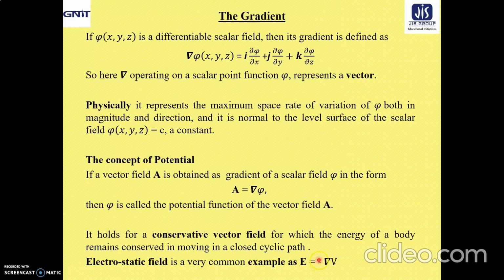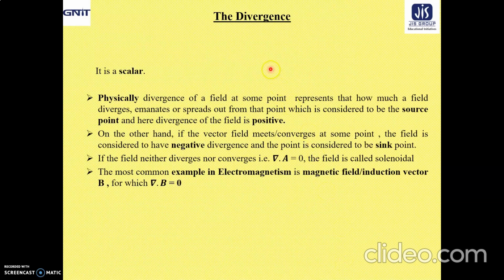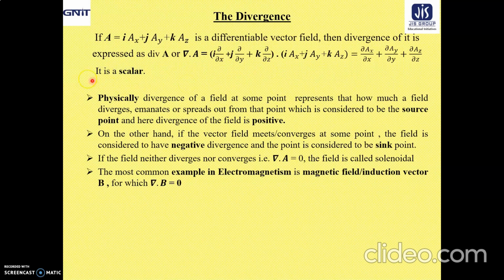If you don't consider the negative sign right now, everything else remains the same: the electric field is expressed as the gradient of potential P. P is potential, E is a vector field. So the gradient operating on P makes it a vector, and the negative sign is there because electric field and potential are in opposite directions. Let us now move to the second operation, the divergence.